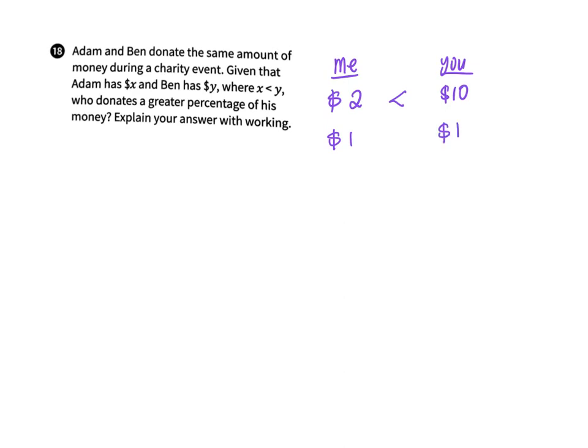Then what is the percentage of the money that we have donated? The percentage will now be 1 out of 2 times 100%, which gives me 50%. Compared to you, 1 out of $10 times 100%, and that is only 10%.